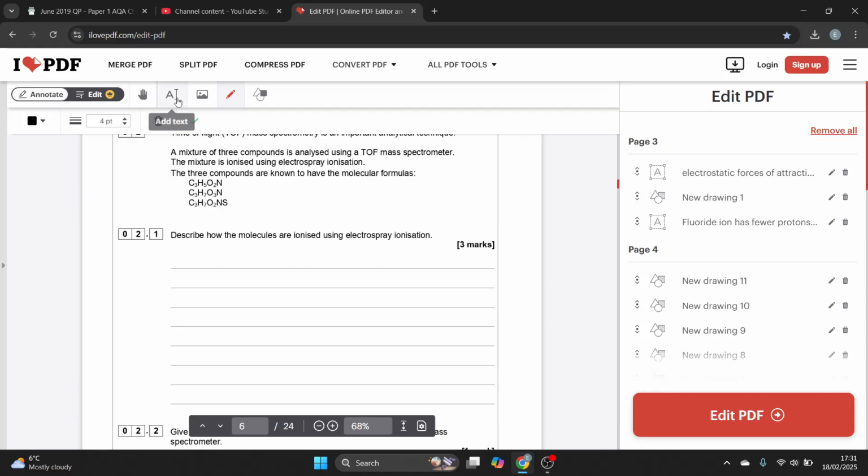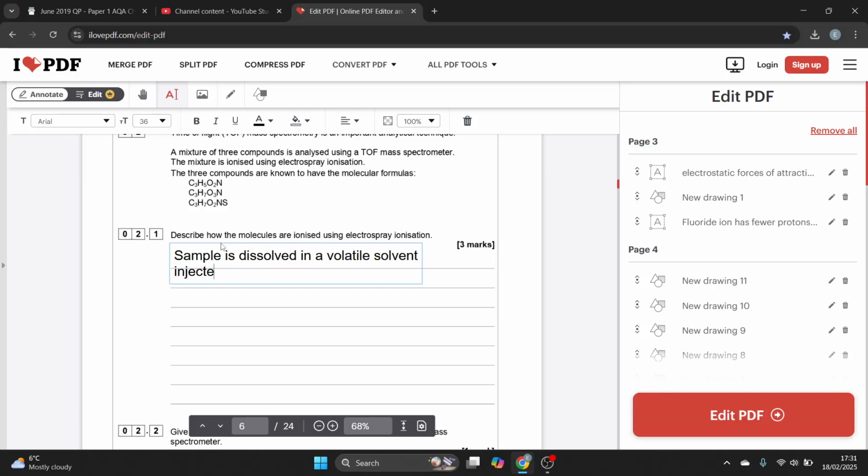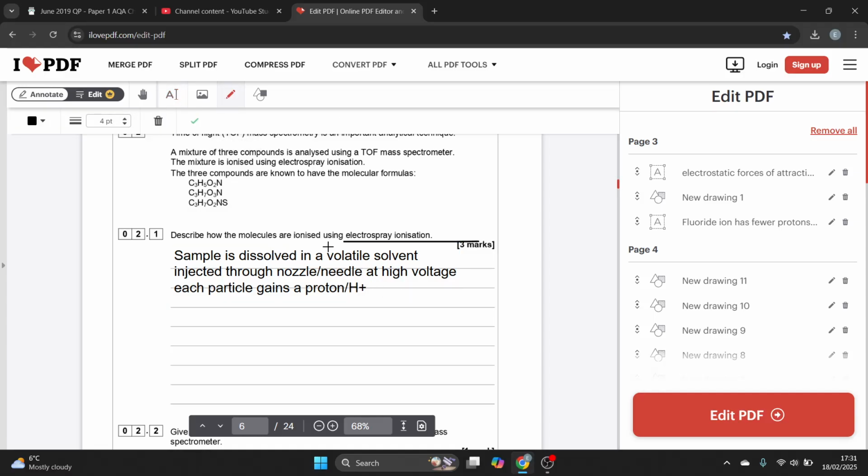Question 2.1, describe how the molecules are ionized using electrospray ionization. So the sample is dissolved in a volatile solvent, injected through a nozzle/needle at a high voltage.